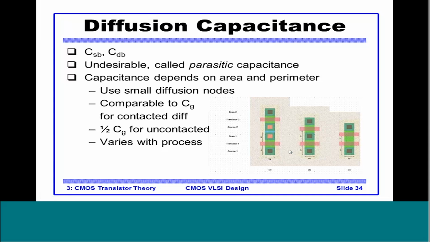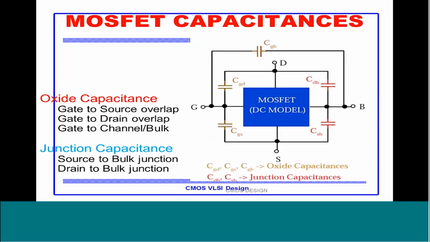Right. Now this is a figure which shows all the capacitances inside a MOS. We have seen earlier CSB and CDB, which are the junction capacitances, source to bulk and drain to bulk, these being the parasitic capacitances. Then the other ones are oxide capacitances, that is the gate to channel bulk, which is this one.